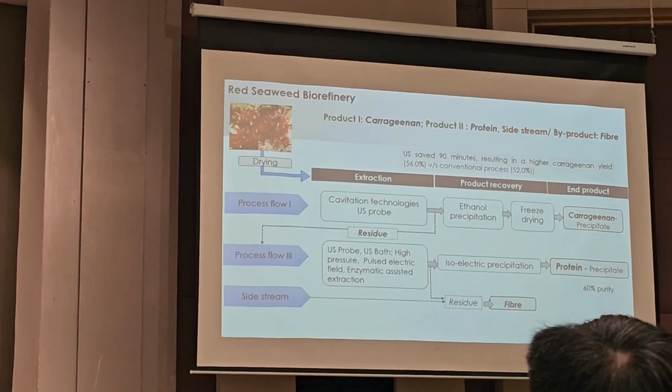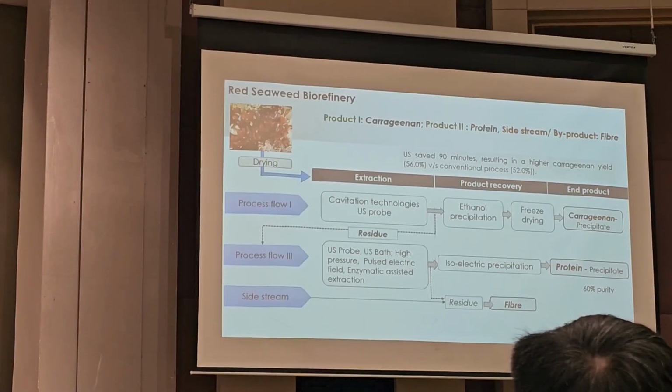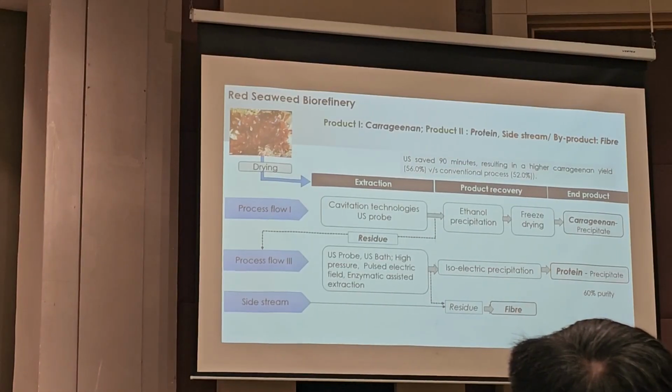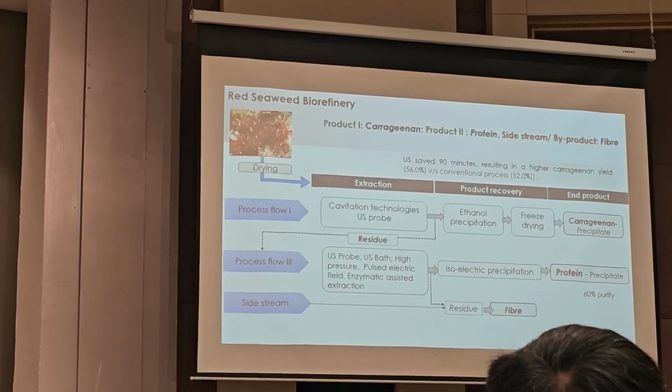So if you see the processes, carrageenan is one of the ingredients used in ice creams and different food products. Cavitation and ultrasonics are used not only for improving the biomass and reducing the iodine level, but we also save about 90 minutes of extraction time compared to conventional. The conventional method is very simple. You take a seaweed, you boil it for a couple of hours, and then you get whatever gel is formed. Either you precipitate with alcohol or you just dry it, depending upon the requirement or the purity. In this case, when sonics is used, you reduce the time.